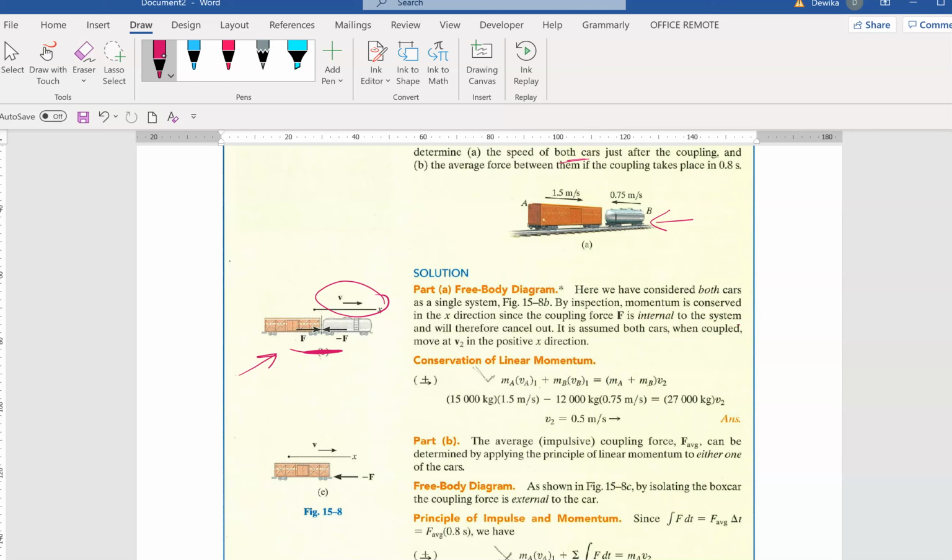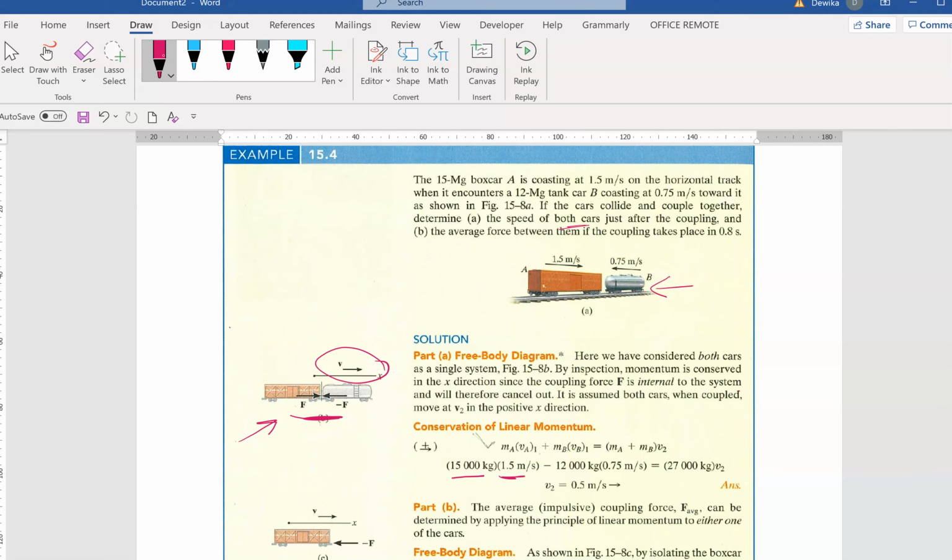From this diagram, mA, which is 15,000, multiplied by 1.5, minus. Why is it minus? Look at the diagram again. B is coasting towards it, meaning it's coming from the opposite side.